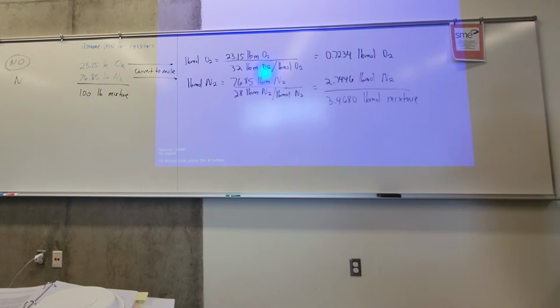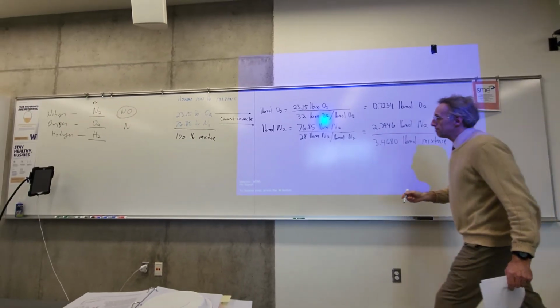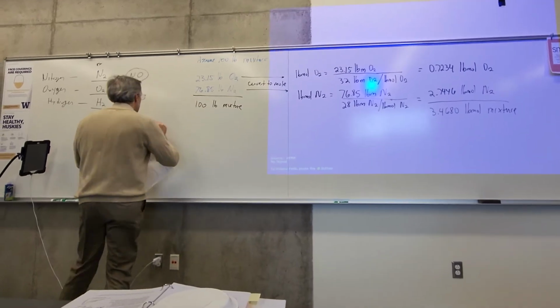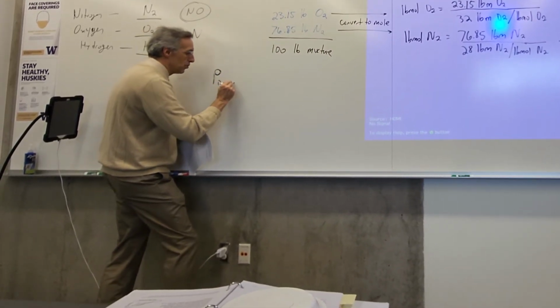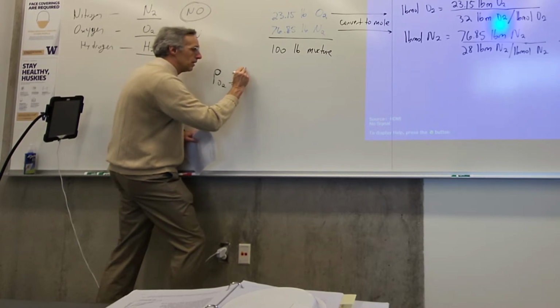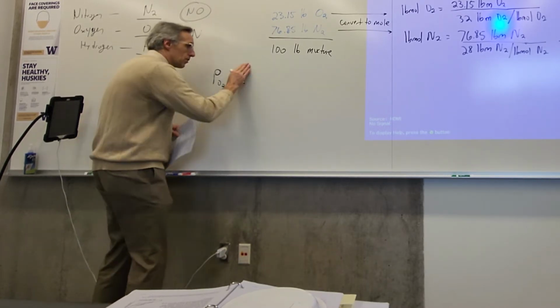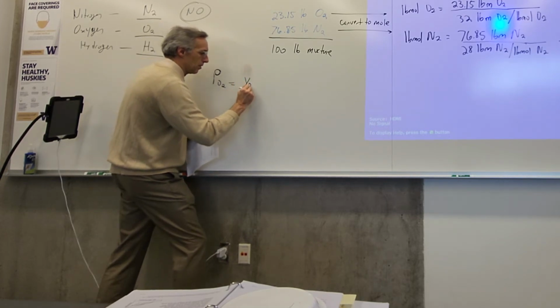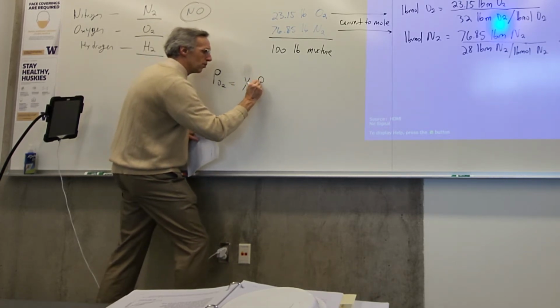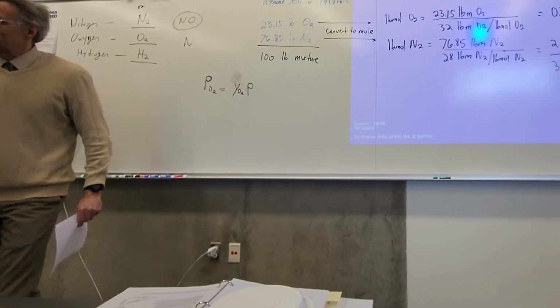Okay? And what we're looking for here is partial pressure. Probably should have written this out first: the partial pressure of the gas, in this case O2, is going to be equal to the mole fraction of O2 times the total pressure, right?